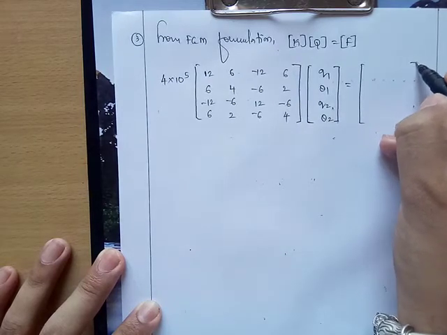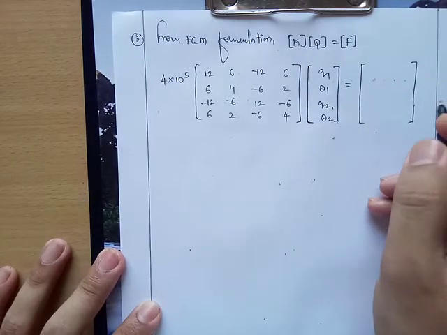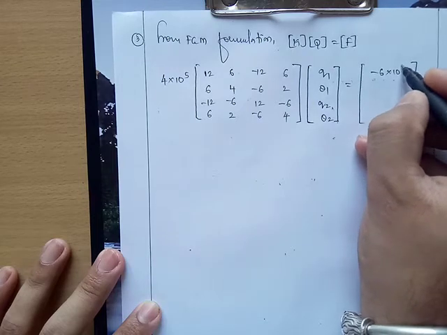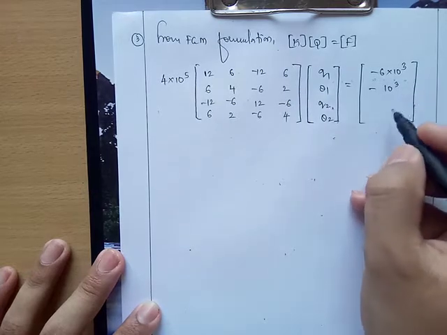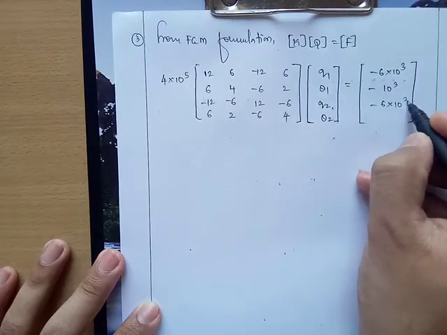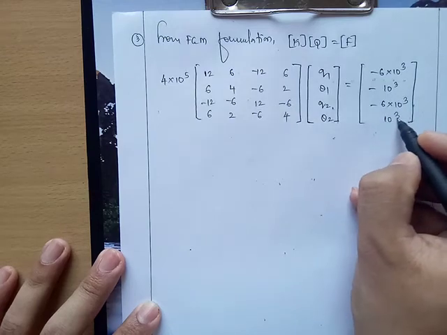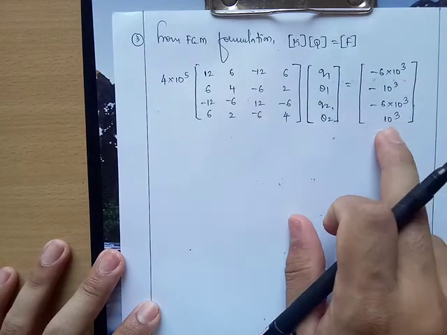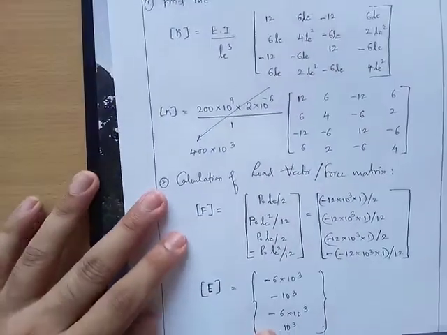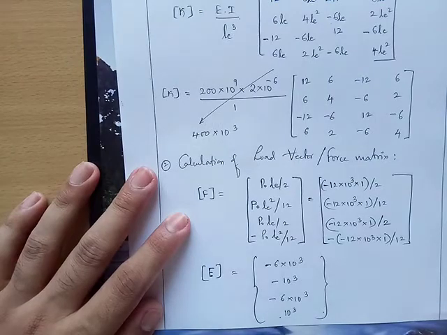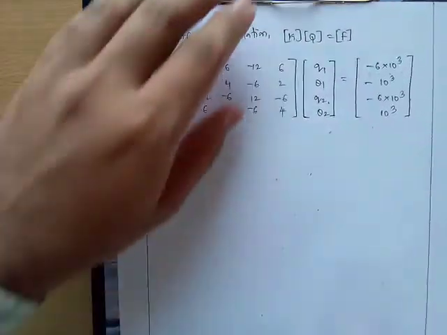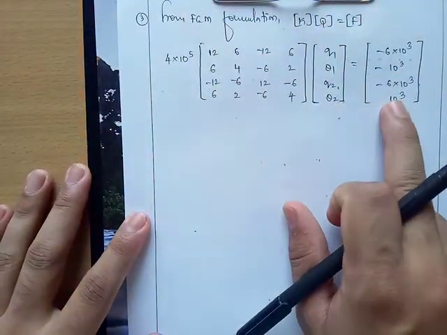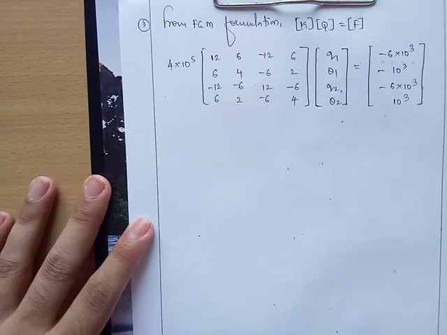The force matrix I obtained is minus 6 into 10 raised to 3, minus 10 raised to 3, once again minus 6 into 10 raised to 3, and at last 10 raised to 3. This is the same matrix I obtained in the previous step. 3 terms are negative and the last one is positive.